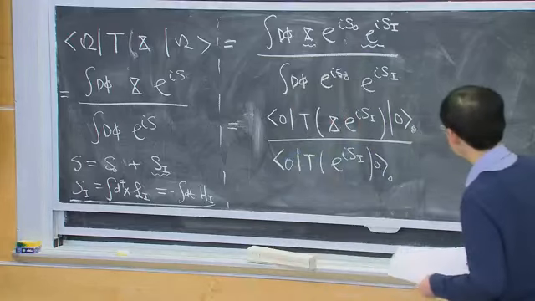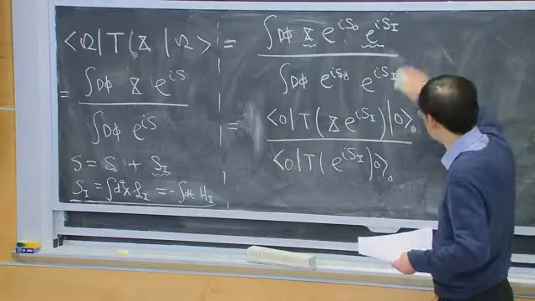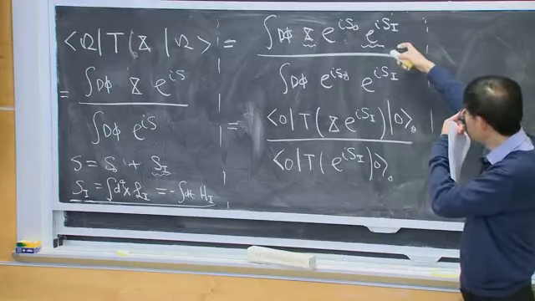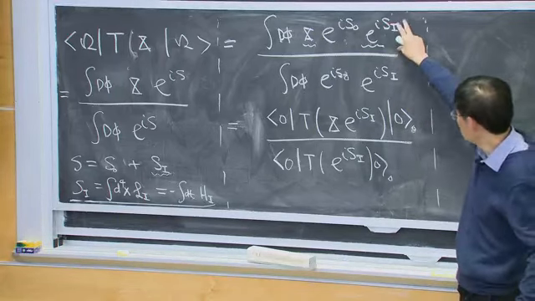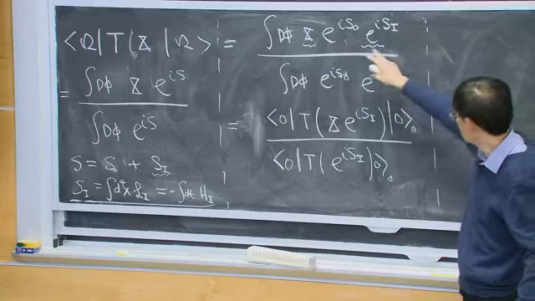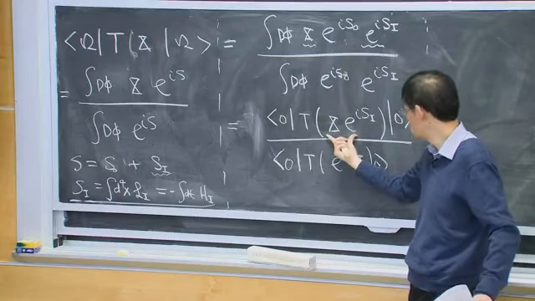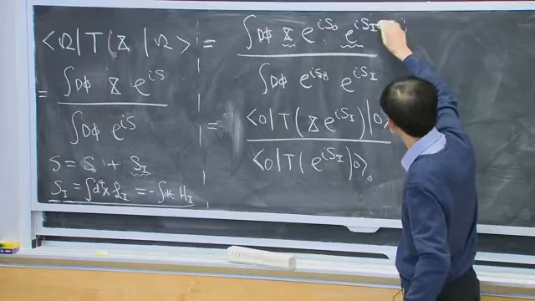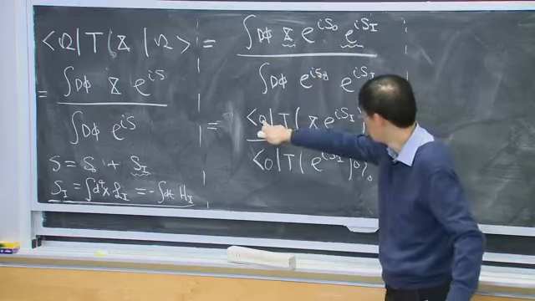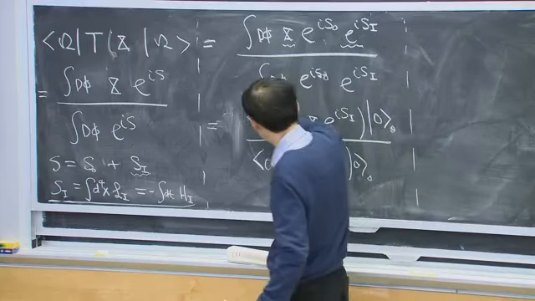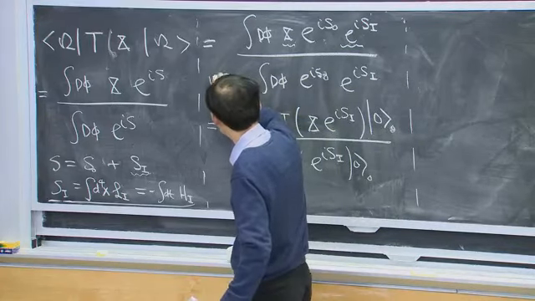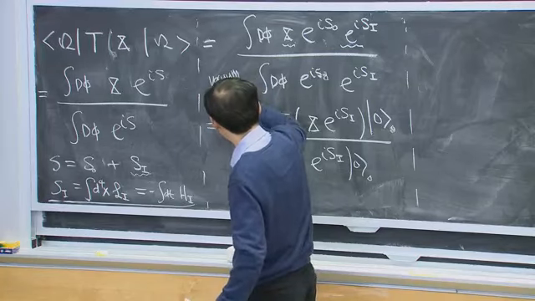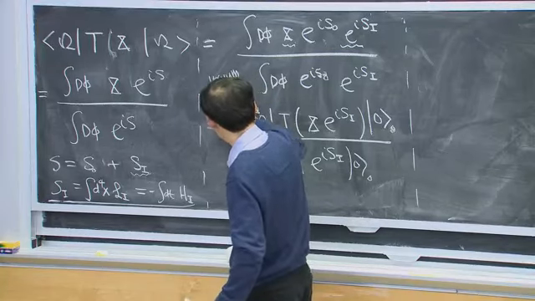In writing from here to here, upstairs we interpret it as a correlation function in the free theory, so here we should also divide in order to write it in terms of the expectation value in the free theory, where 0 here is the free theory vacuum.